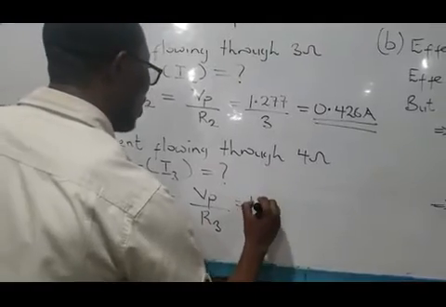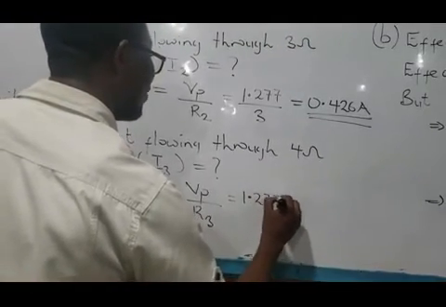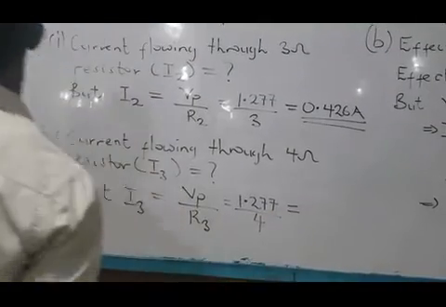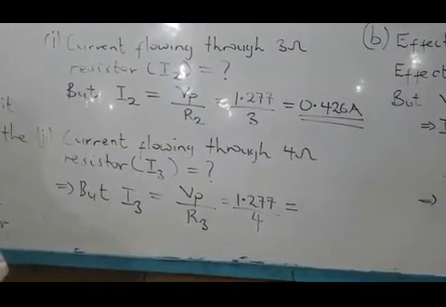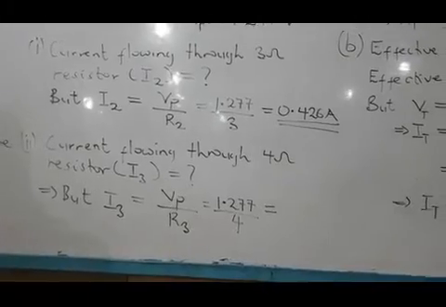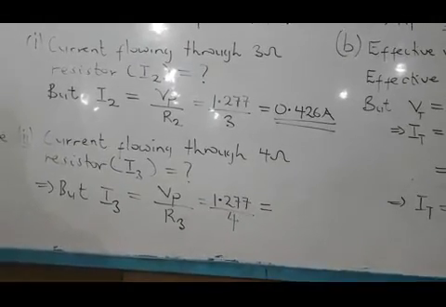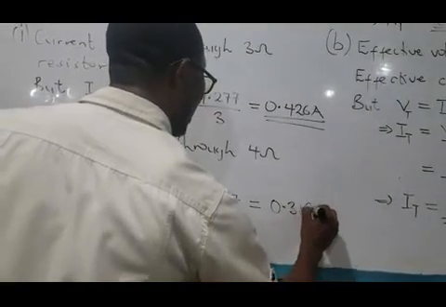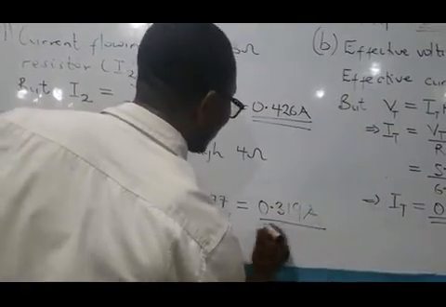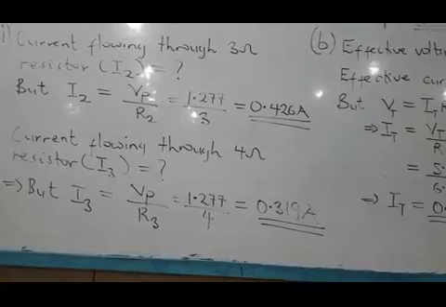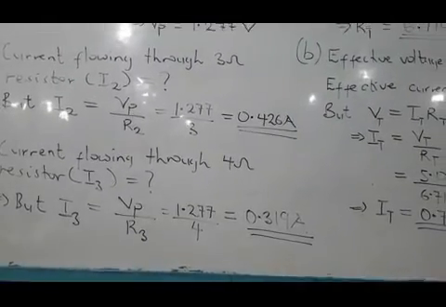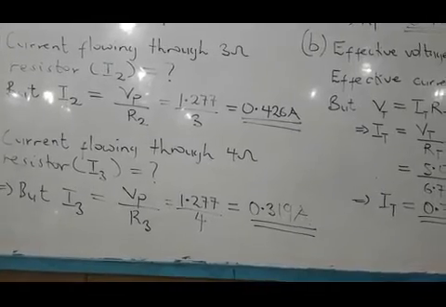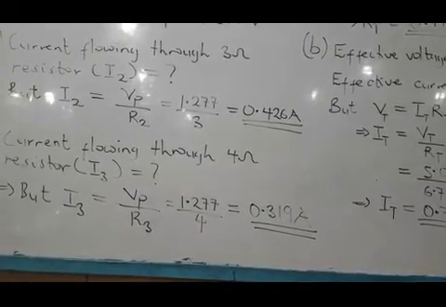So that will be 1.277 over 4. And that will be equal to 0.319 amperes. Okay. So that is the current flowing through each of the power resistors, R2 and then R3.